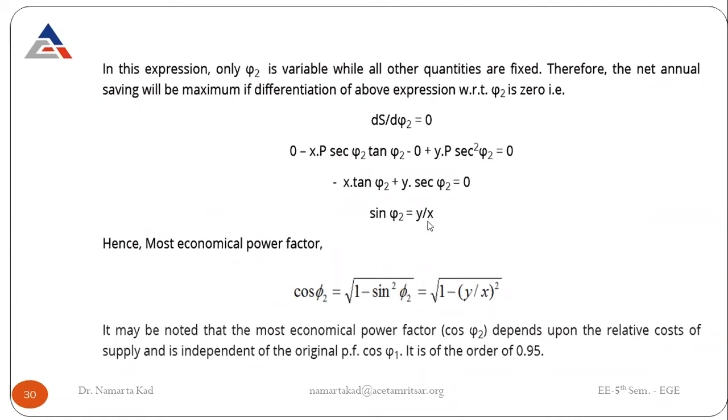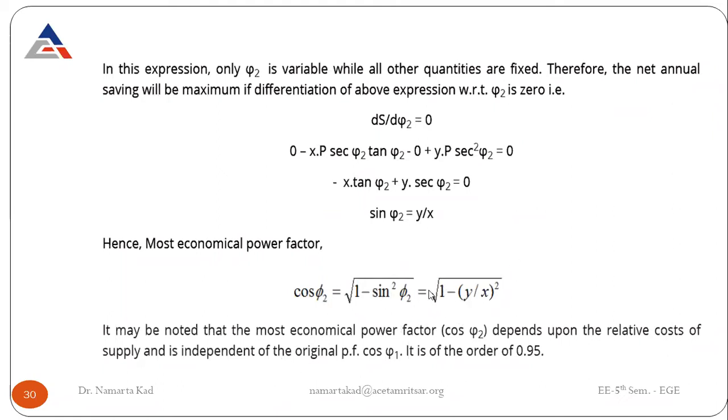Here they use y and x as notations, while on the board we used a and b. From this you can calculate the most economical power factor as the square root of 1 minus sine square phi 2, or 1 minus (y by x) square.